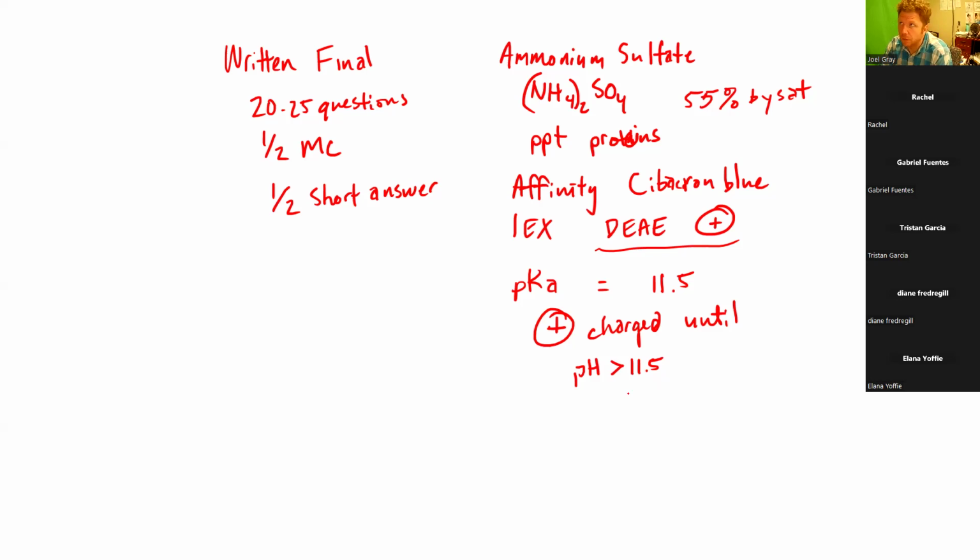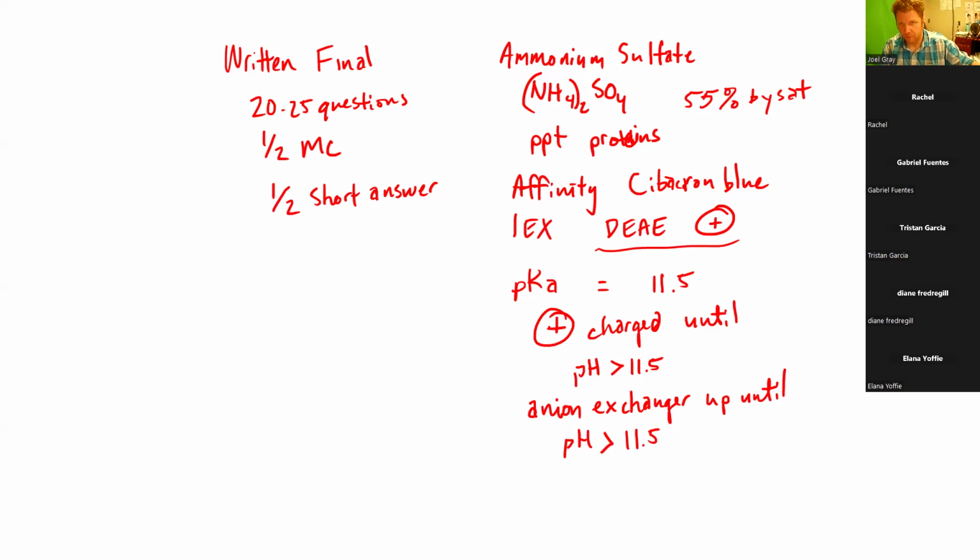So this works very effectively as an anion exchange column up until a pH of greater than 11.5. So if you had a protein in a solution with a pH of 10, and it was a negatively charged protein, it's going to bind to this column.